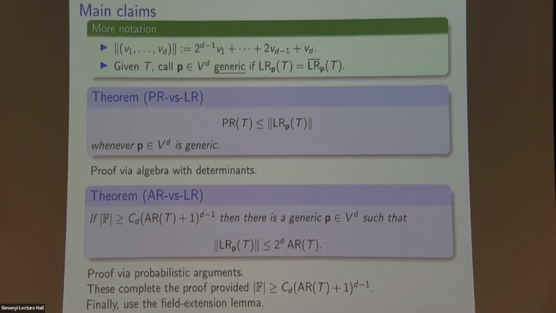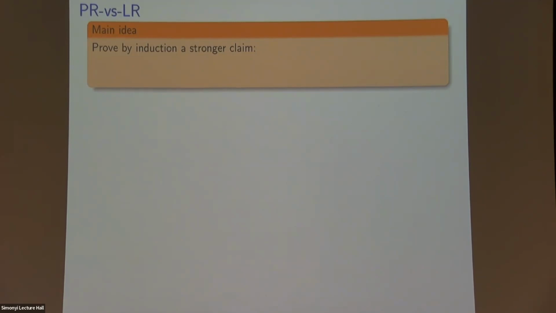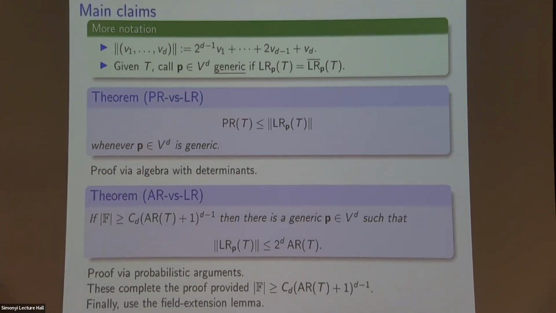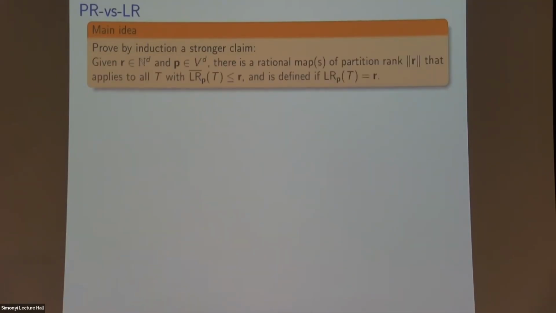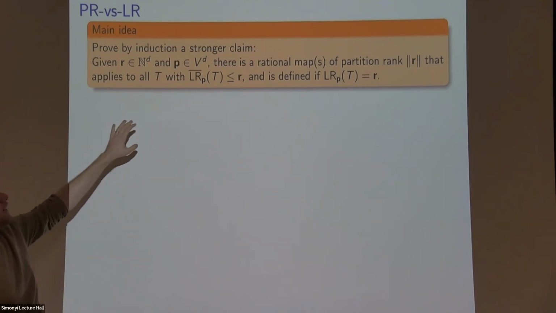So let me say a few sentences about each part. The main idea in the first part, where I'm bounding the partition rank in terms of the local rank, is that we actually prove a stronger claim. We essentially build one rational map, one formula, that given a point P and given a local rank R, I'm constructing one rational map that does the trick for all tensors with local rank bounded by R at P. And this is a rational map, so it might not be defined everywhere.